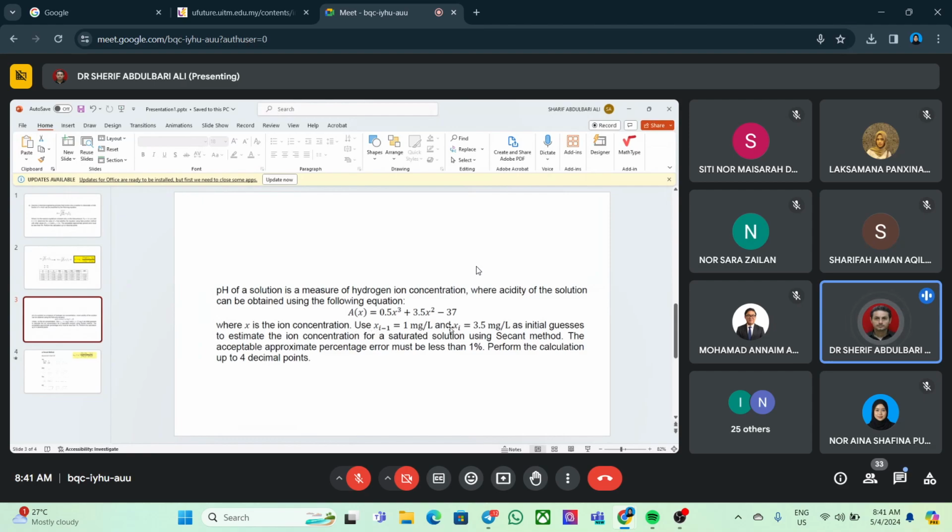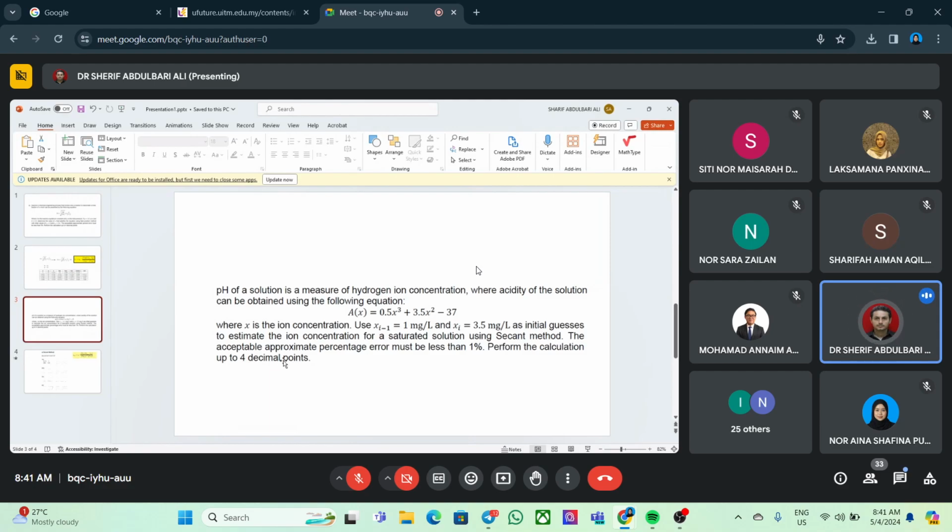Even though we are saying this is an open method, it has 2 initial values. x initial is 3.5, and x i minus 1, or the backward finite divided difference, is equal to 1. With these 2 initial values, you need to estimate the concentration of the solution using the secant method.